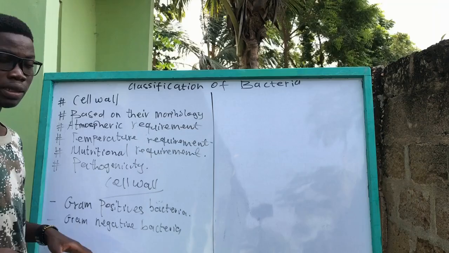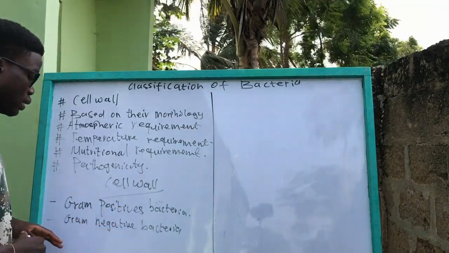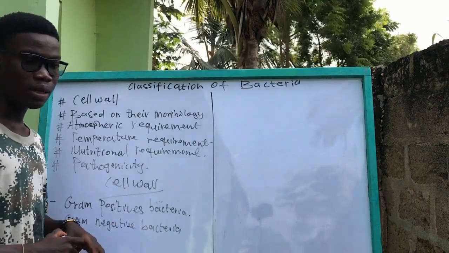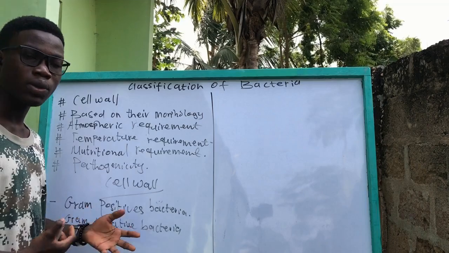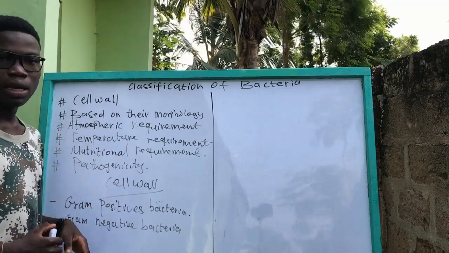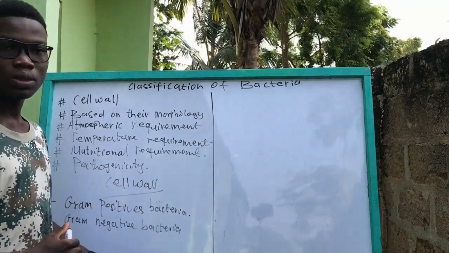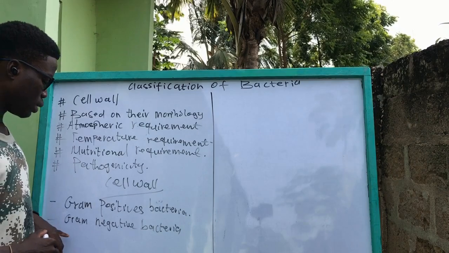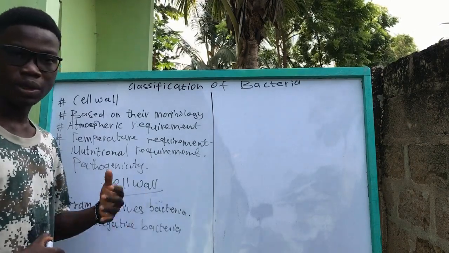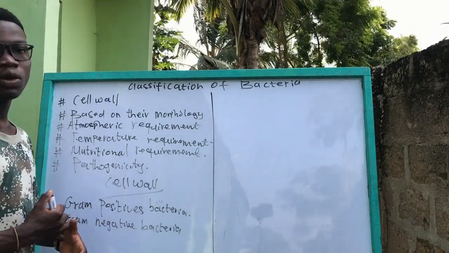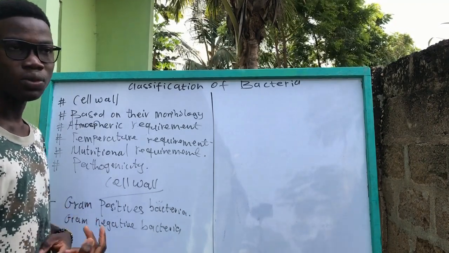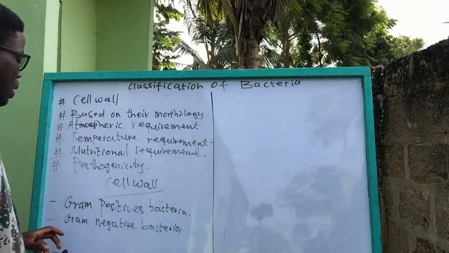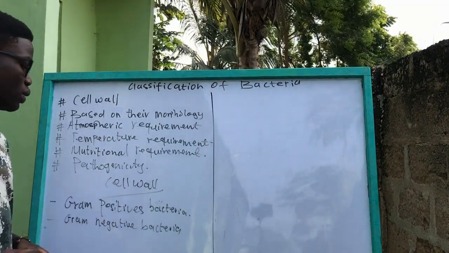So in the decolorization process of gram staining, the crystal violet is washed off, and then it absorbs the counterstain, that is safranin. And the safranin appears pink to red. So under the microscope, the gram-negative bacteria appear pink to red. Alright, so that is basically how we can distinguish the bacteria based on their cell wall.